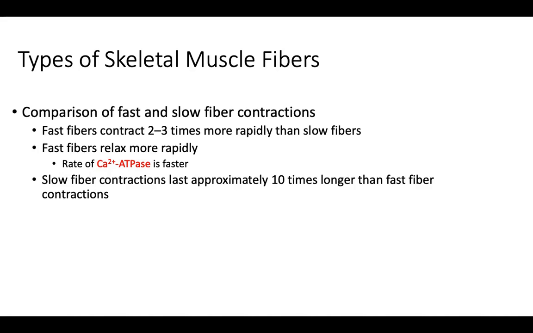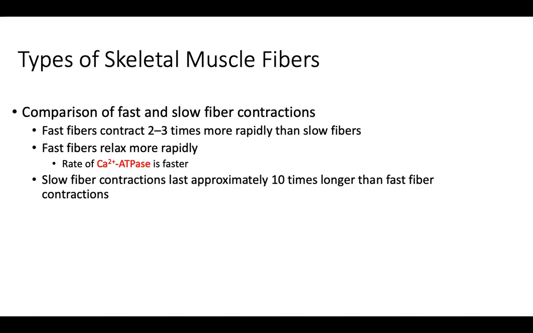Calcium ATPase is the pump that helps to pump that calcium from the sarcoplasm back into the sarcoplasmic reticulum. And so if we can pump the calcium back into the sarcoplasmic reticulum faster, we can relax the muscle faster, right? We can clear that calcium out faster, the muscle can relax faster, and guess what? If muscle can relax faster, it can initiate a new contraction faster as well.